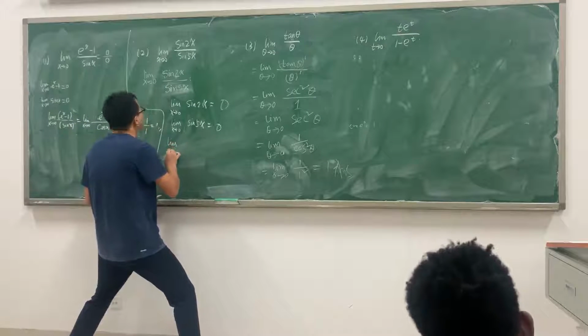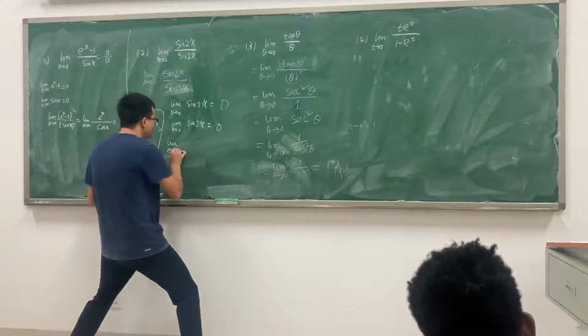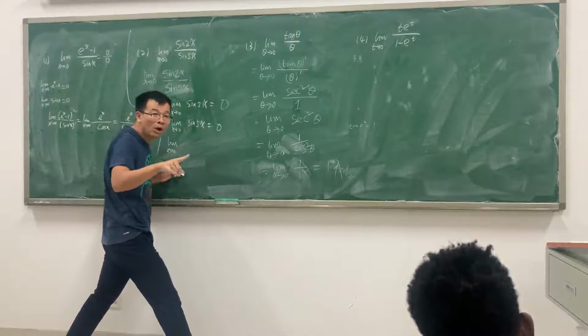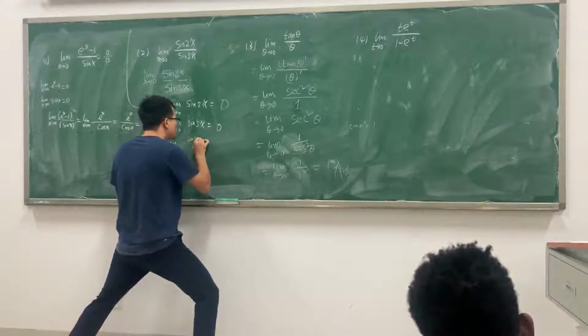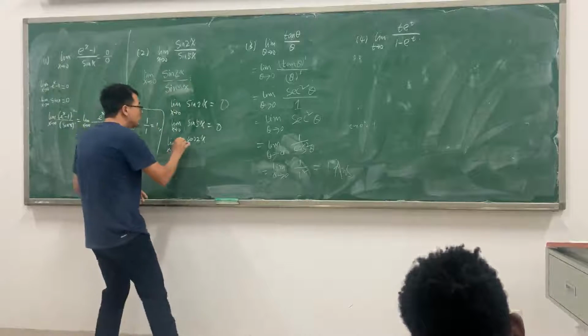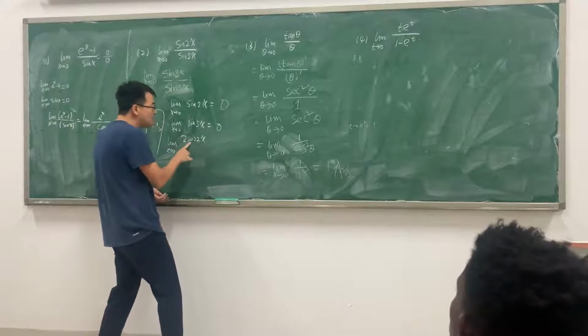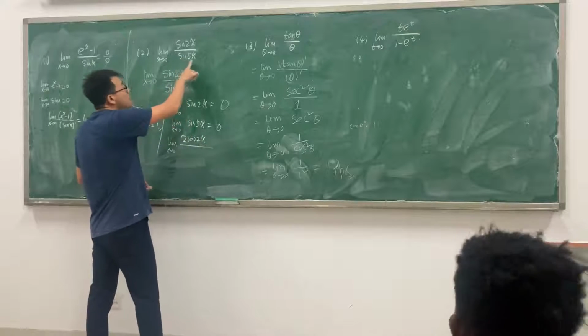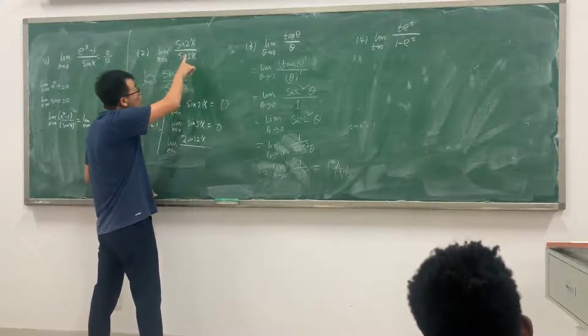So we can use the L'Hopital's rule. So here is the limit as x approaches 0. Here sin 2x prime is what? Is cosine 2x, and 2x prime is 2. So 2 times cosine 2x. And sin 5x prime is what?